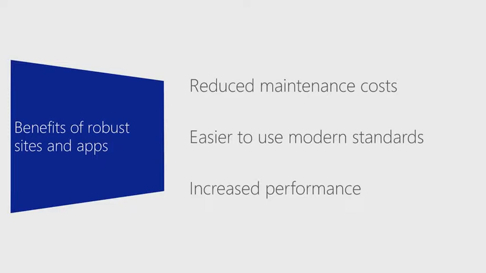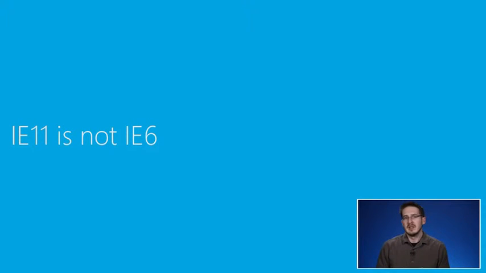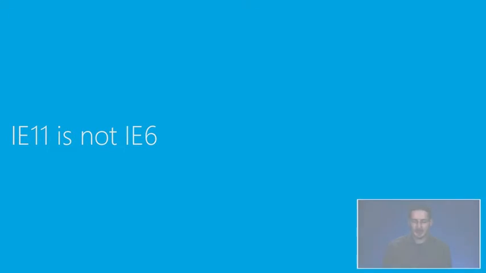While I know that on a schedule crunch, it can sometimes be tempting to just code to your test matrix and get something out the door, by focusing on building robust sites and apps, you can ultimately make it easier for your own sites to take advantage of the modern standards and performance improvements available across all modern browsers, while reducing your maintenance cost in the long term, because you'll have fewer instances of having to scramble to update your content as new browsers and platforms release. But first, let's get into talking about IE11 and how it compares to IE6.